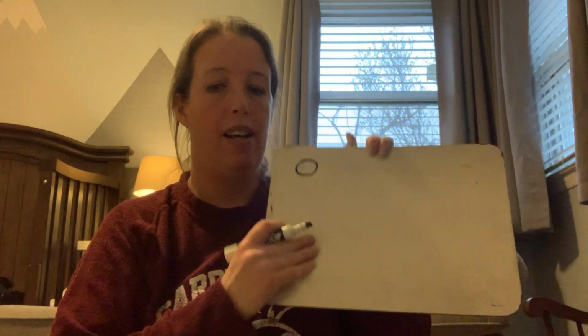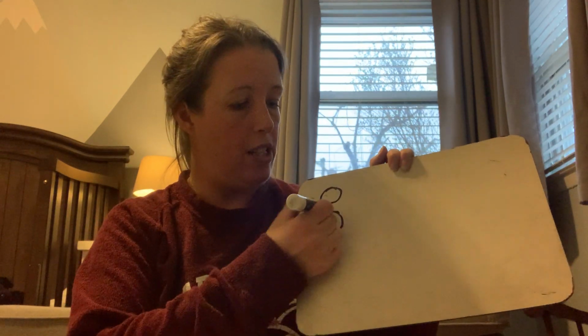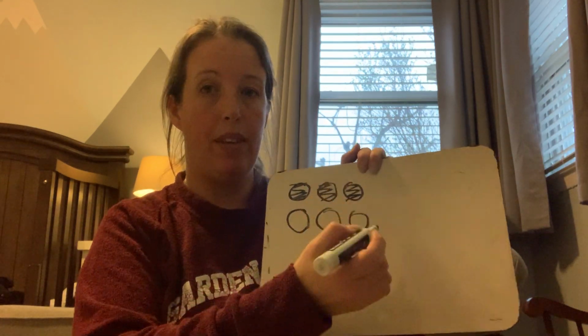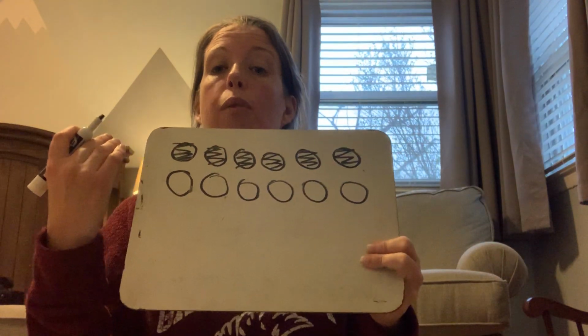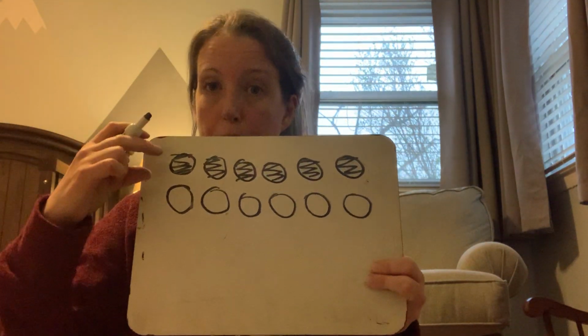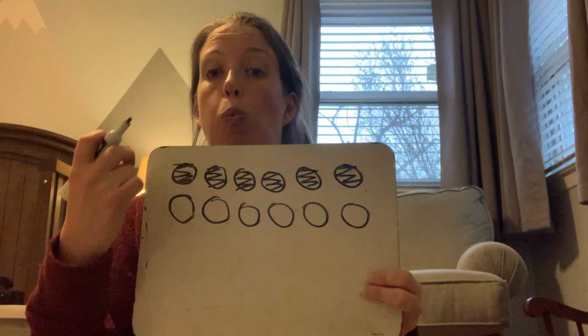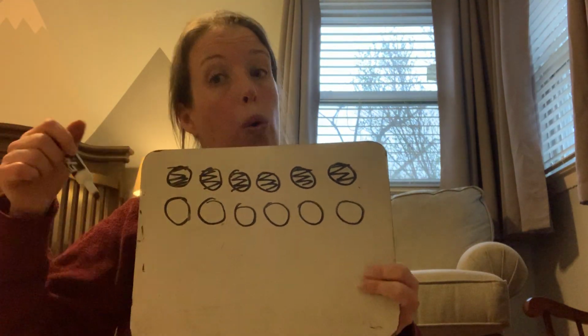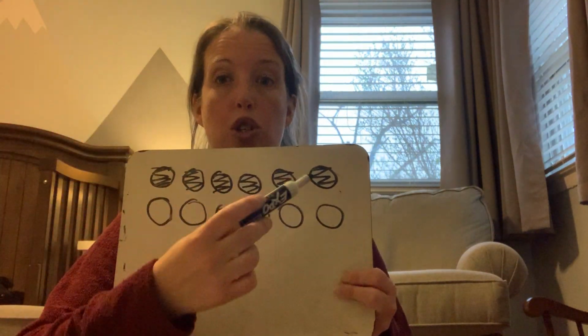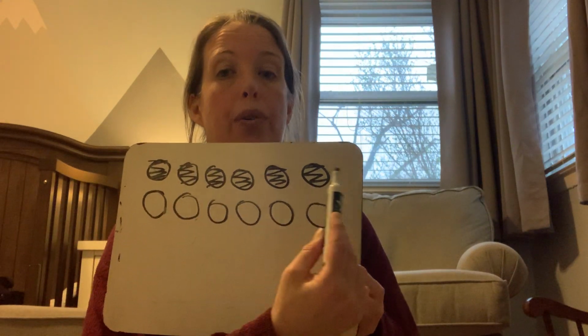I'm making groups of 2. 1, 2, shade it. 3, 4, 5, 6, 7, 8, 9, 10, 11, 12. So when I had 12 counters, I put them in groups of 2 and I counted 1 out of every group of 2. Or you can see here, I have 2 rows and I shaded 1 whole row.